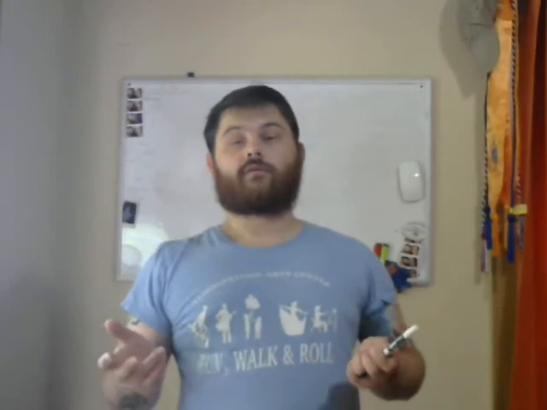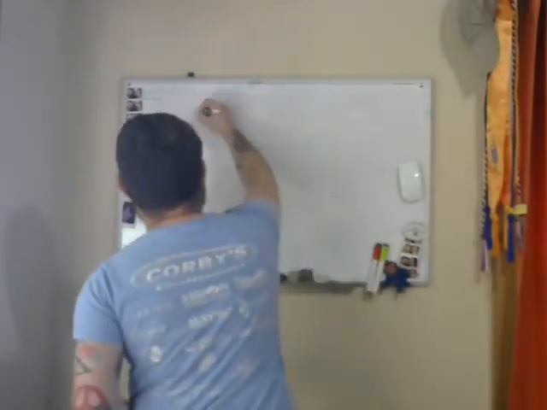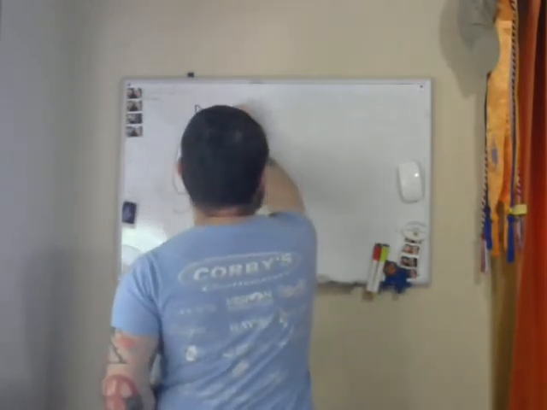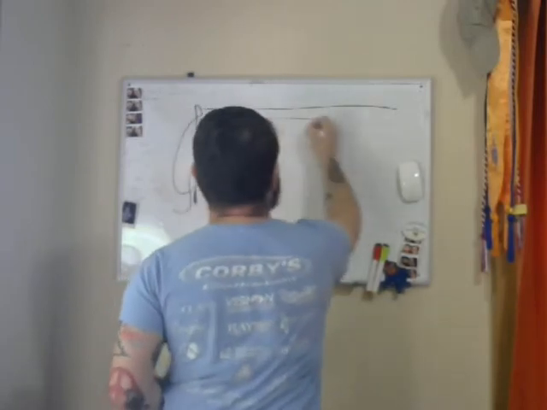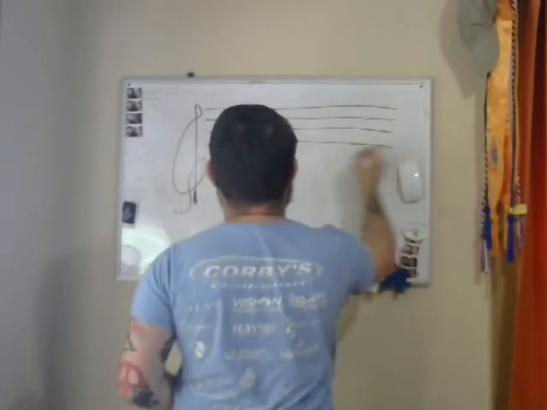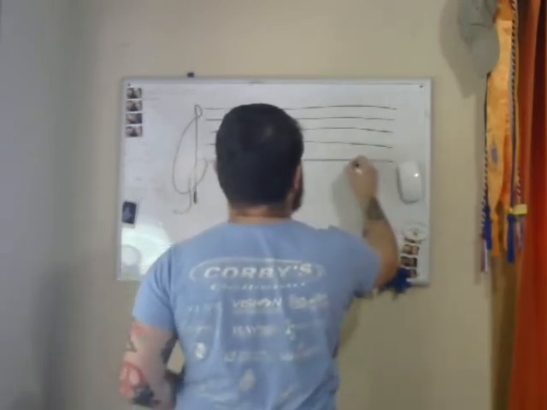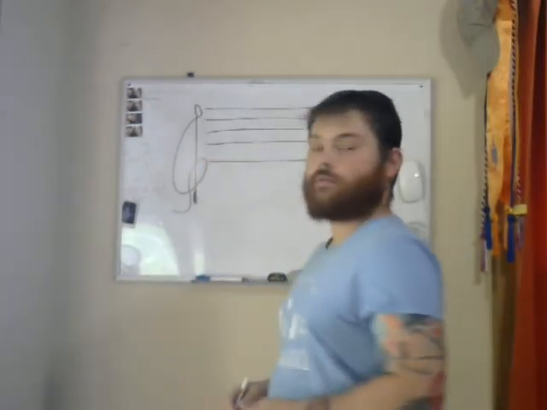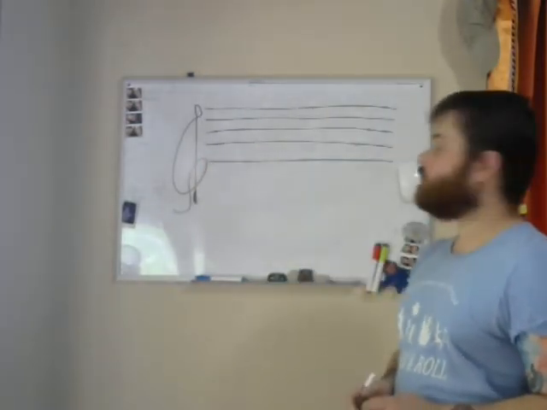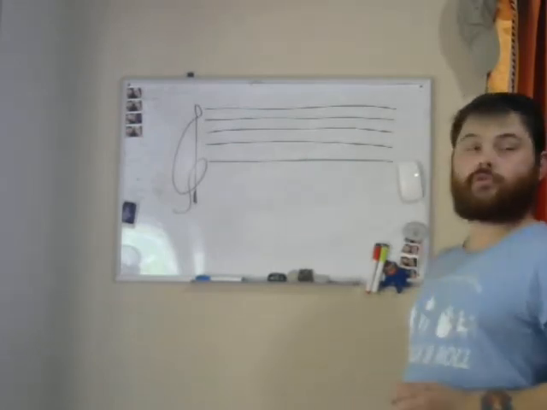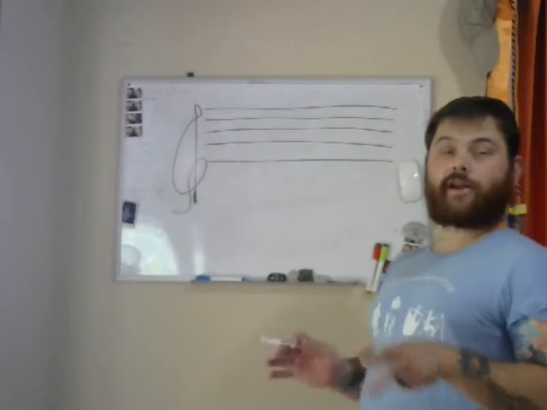Alright, so let's first talk about what a key signature is. I'm going to write my treble clef. Pardon the sloppy handwriting. So we got our treble clef. Now, we'll just talk about reading music for a second.